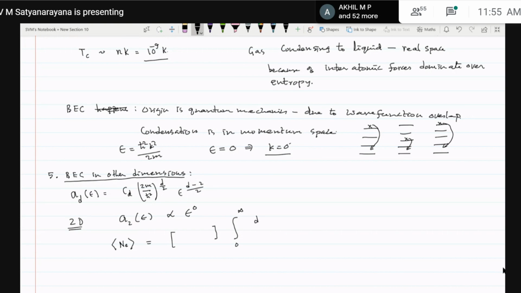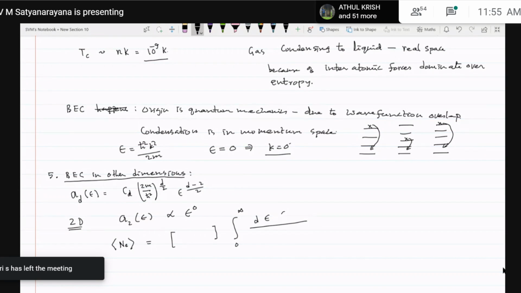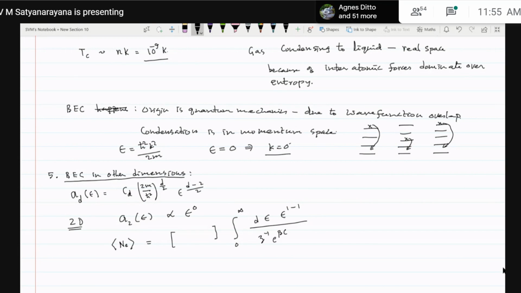I don't have epsilon, because epsilon to the power 0, but I can write this as epsilon to the power 1 minus 1, over z inverse e to the beta epsilon minus 1. So you can see that this N in this case can be written as some constant times G1 of z.